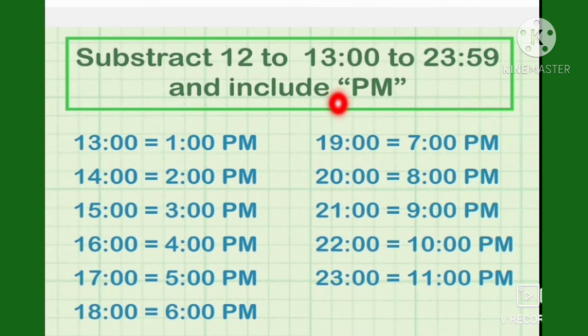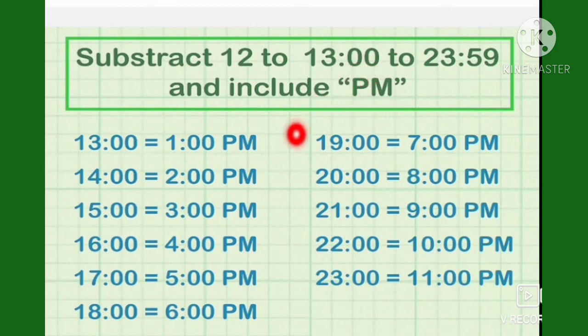And here in 24-hour time we are supposed to subtract 12 from this time. So that is 13. From 13 subtract 12, we get 1. And 1 PM. Write down PM.